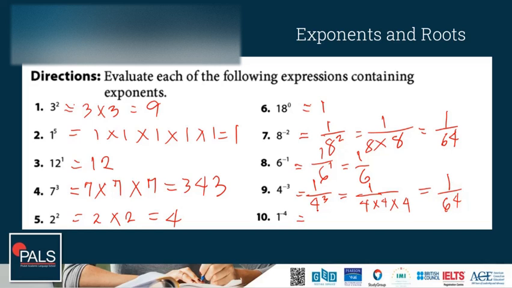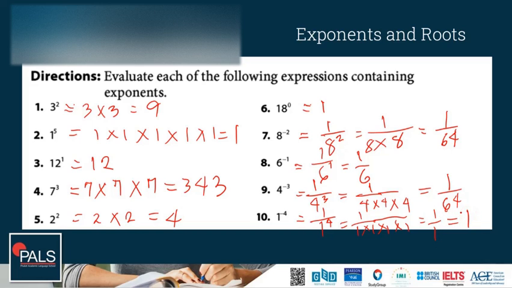Okay, the last one is 1 with a negative 4 exponent. So we need to make the exponent positive. So we have 1 over 1 to the 4th power, which is the same as 1 times 1 times 1 times 1, so 1 over 1 is equal to 1.